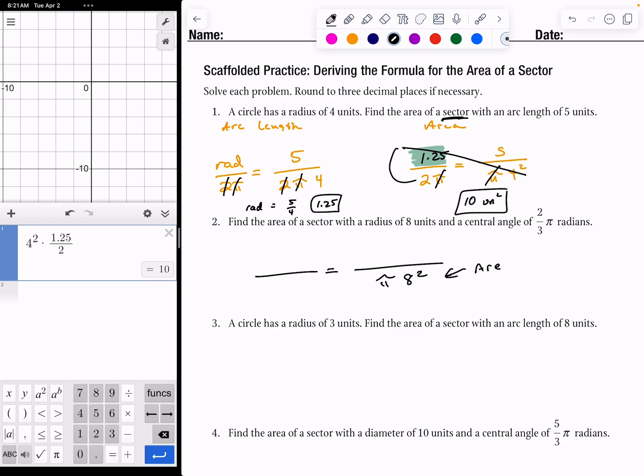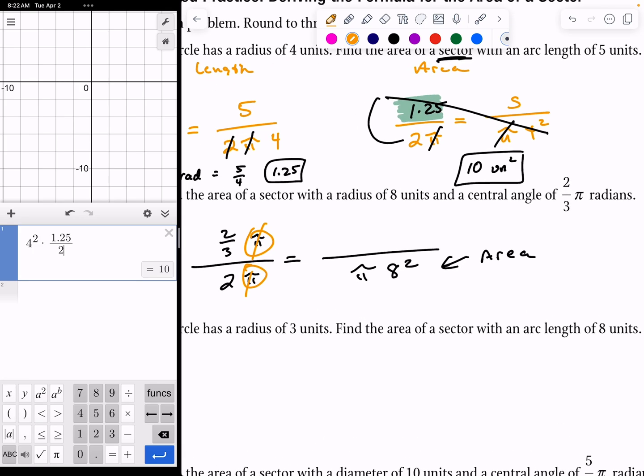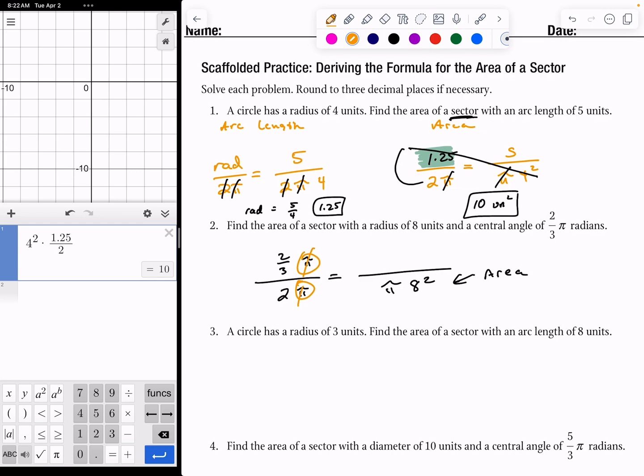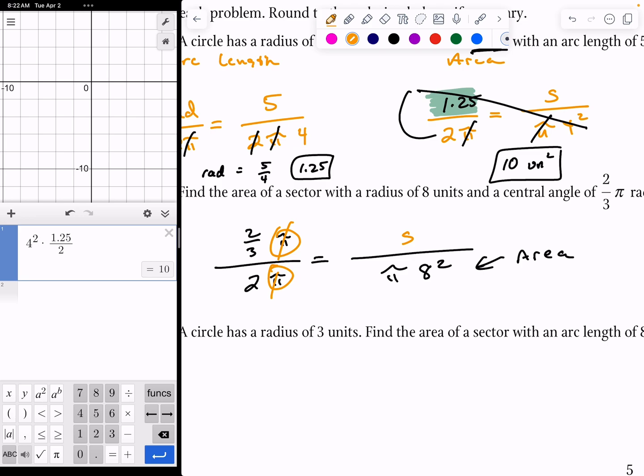Central angle 2/3 pi over 2 pi, so the pi's cancel. And sector is what we don't know. If we leave it in terms of pi, leave the pi off.